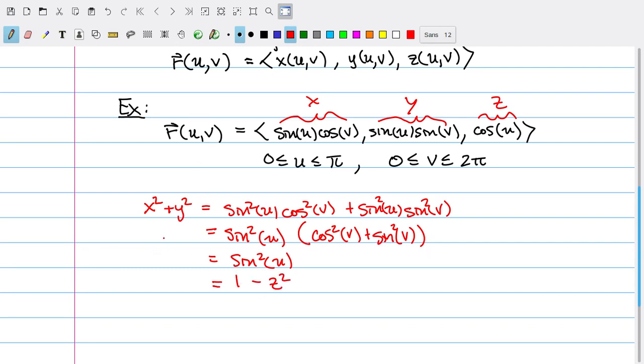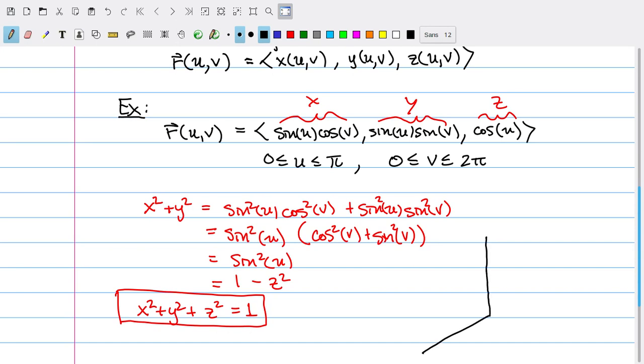So every point on this surface is going to satisfy the equation x squared plus y squared plus z squared equals 1. So I'm looking at a surface which satisfies this equation, and that immediately should make us think about the sphere, and specifically the sphere of radius 1.